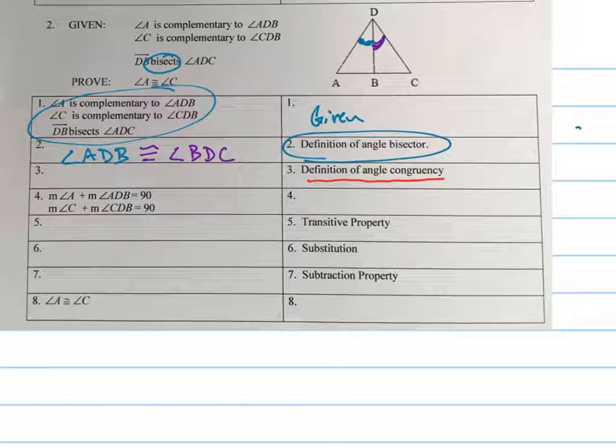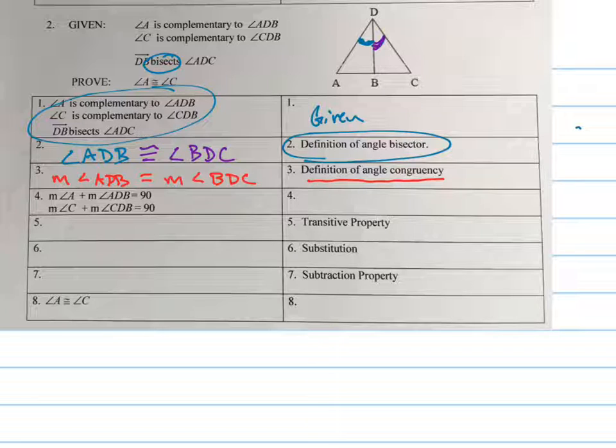So that means that the measure of angle ADB, this is being a little bit nitpicky, is equal to the measure of angle BDC. And basically what I'm establishing right here is that the numbers are the same.